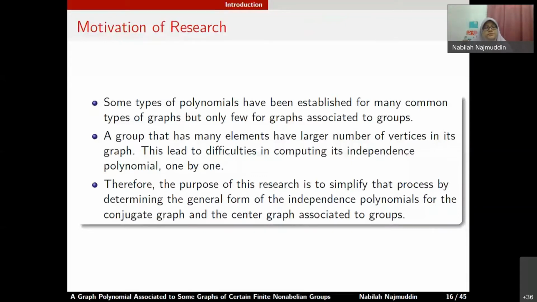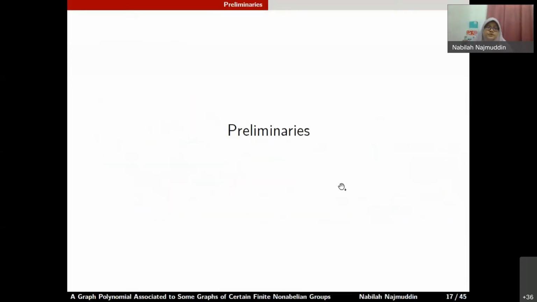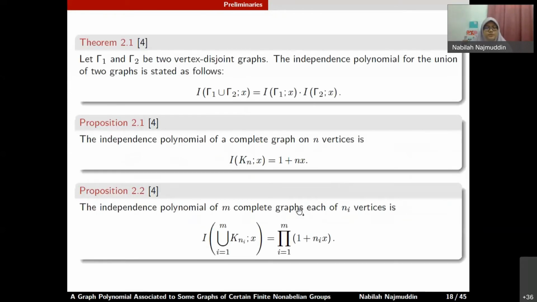Okay, here are some preliminaries that I used to obtain the main results for this research. First is theorem 2.1. We have Gamma 1 and Gamma 2 be two vertex disjoint graphs. Then the independence polynomial for the union of these two graphs is equal to the product of the independence polynomials of the individual graphs.